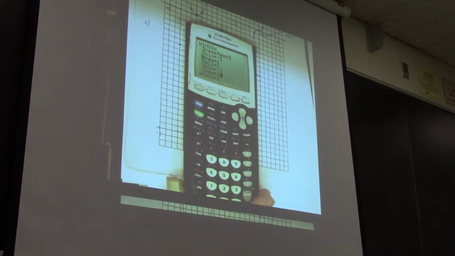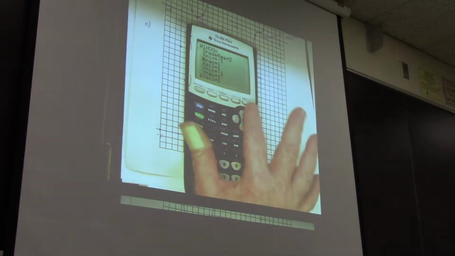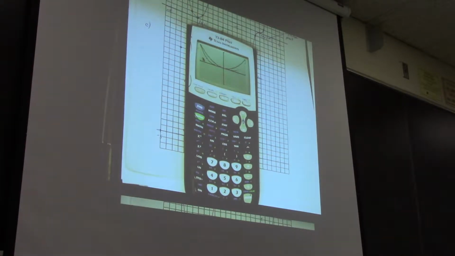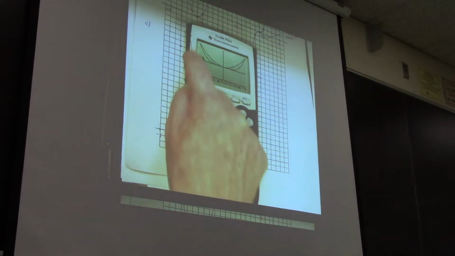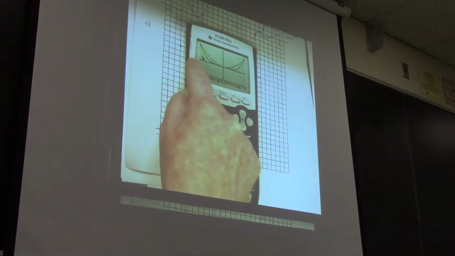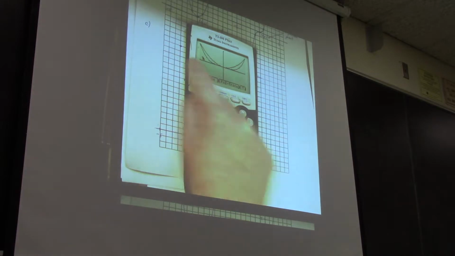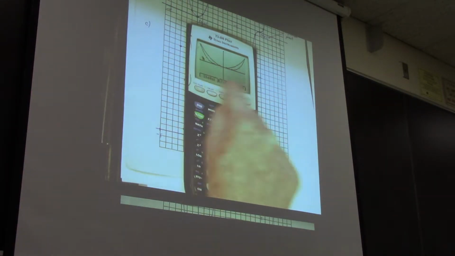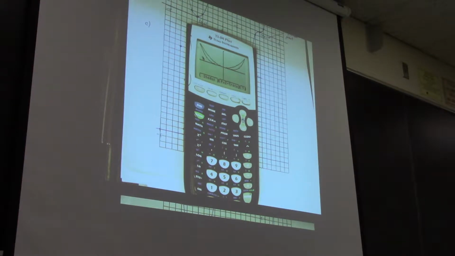Now the first one that's going to come up is y equals x squared. And then here comes y equals x to the 4th. Y equals x to the 4th is a lot flatter. This is -1 to +1. On the interval from -1 to +1, the x to the 4th graph is a lot flatter than the graph of y equals x squared.